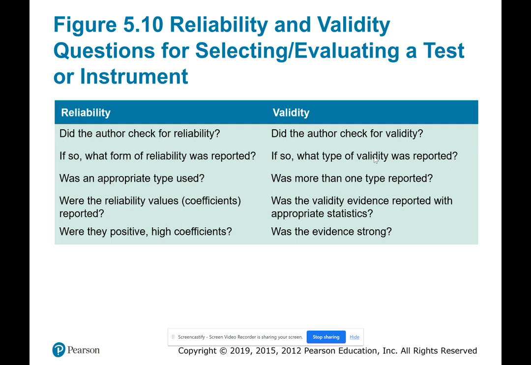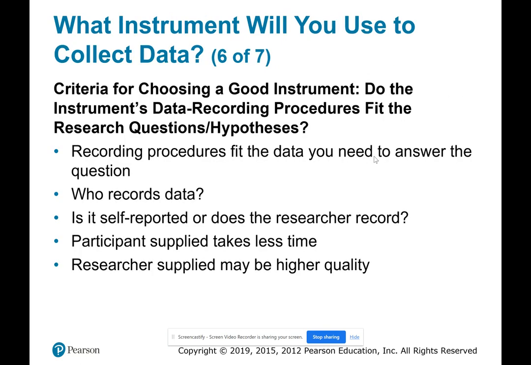After reviewing the forms of reliability and validity, let's look at the questions you should ask when selecting or evaluating an instrument. Here's a short list of questions that you can ask yourself. It's important that your instrument also contains the record keeping process that fits the data you need to answer your research questions or hypothesis. Who is going to record the data?